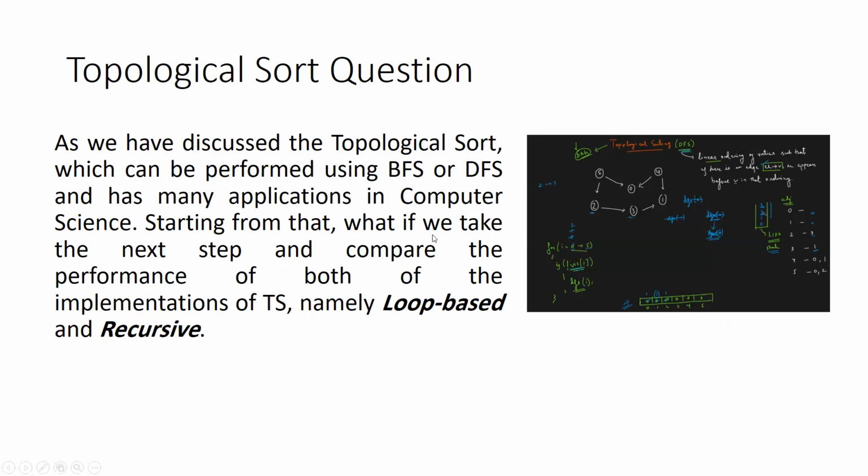Starting from that, what if we take the next step and compare the performance of both implementations of the topological sort, namely loop-based and recursive? Do you think it will be different, or will one perform better than the other?